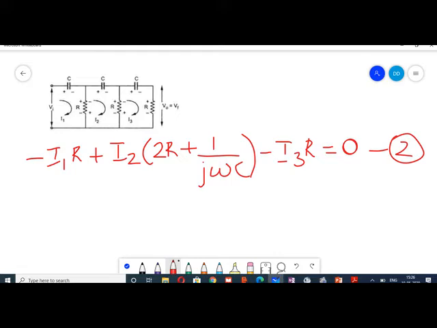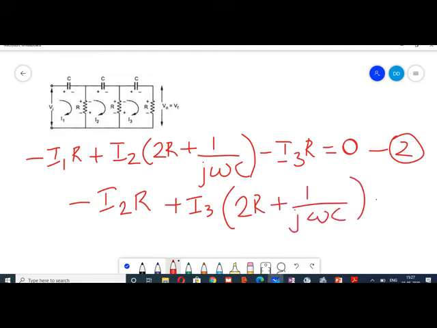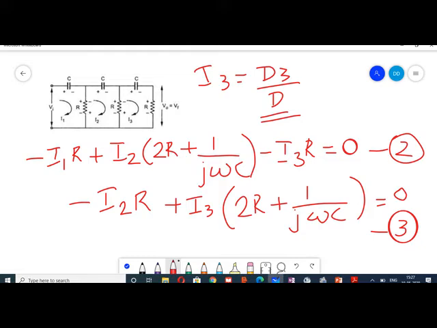The third loop equation is minus I2 into R plus I3 into (2R plus 1 by j omega C) equal to 0. So this is our third equation. We have got three equations now, so we can obtain I3 using Cramer's rule, which is D3 by D. D is the determinant obtained from the three equations.